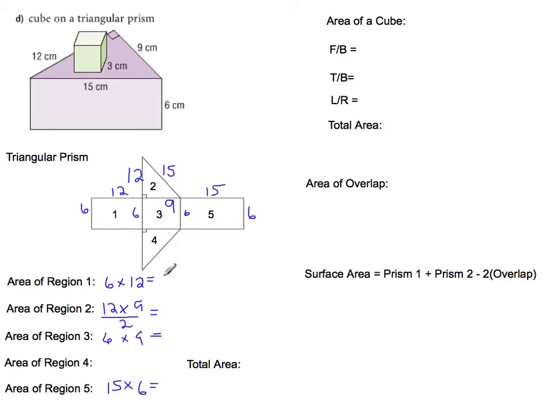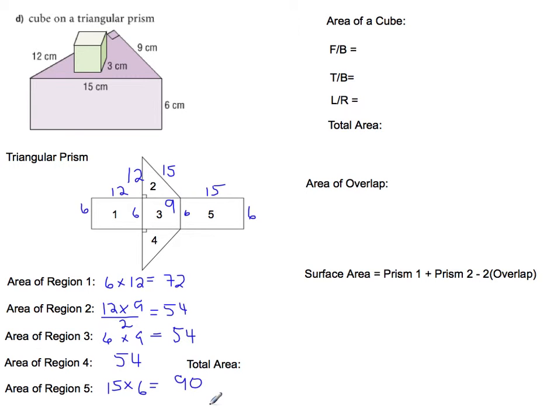So 6 times 12 is 72. 12 times 9 divided by 2 would be 54. So I also know that this is 54 down here. 6 by 9 is 54. And 6 by 15 is 90.